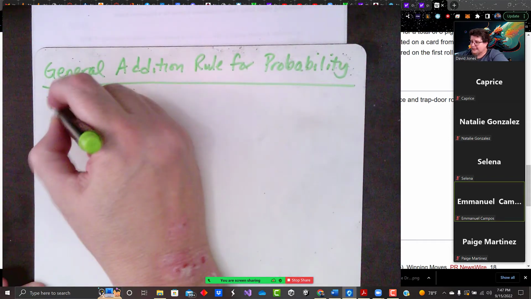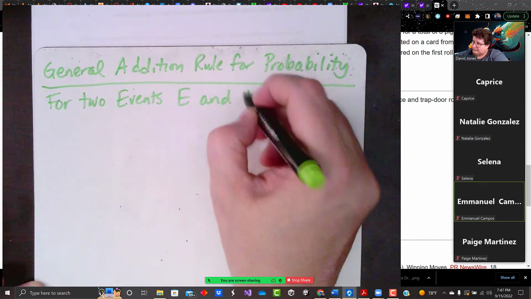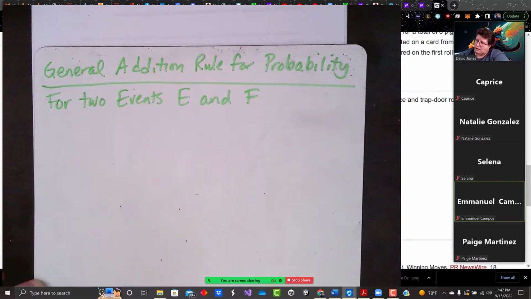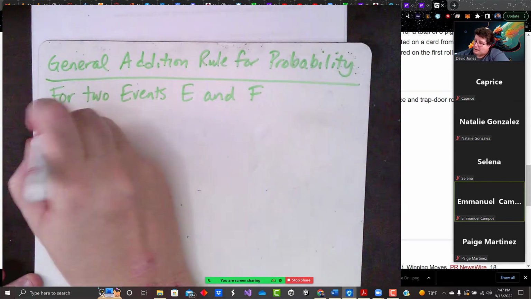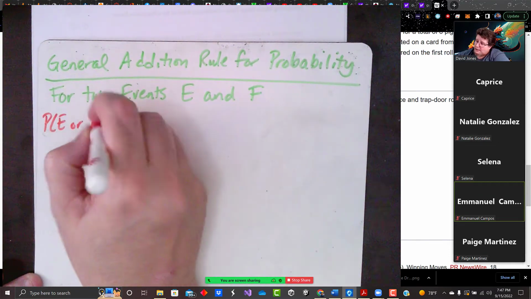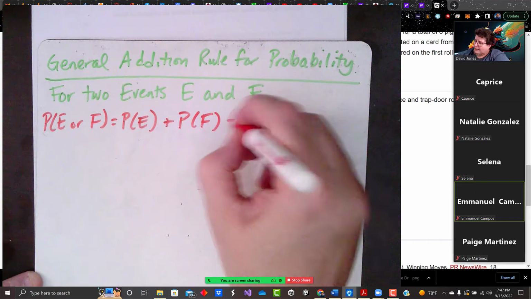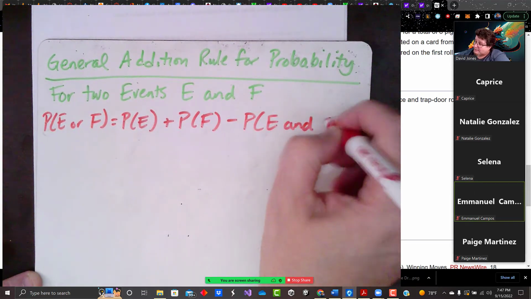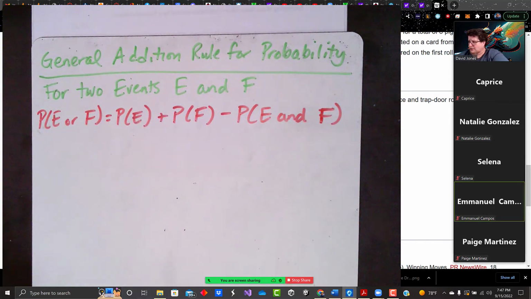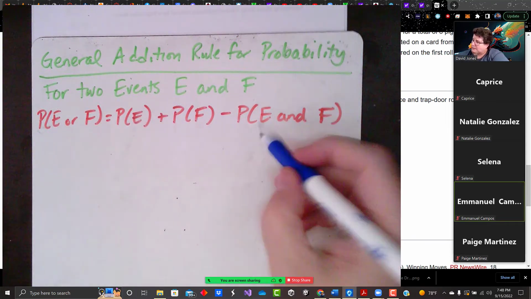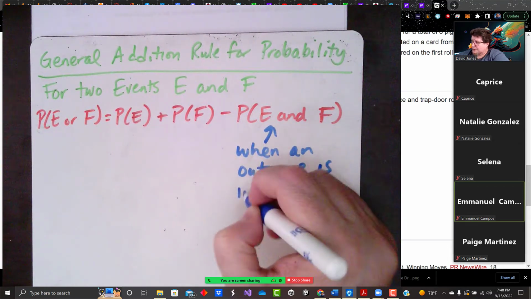They say for two events, E and F, the probability of E or F equals the probability of E plus the probability of F minus the probability of E and F. So this is when an outcome is in both groups, in both events.